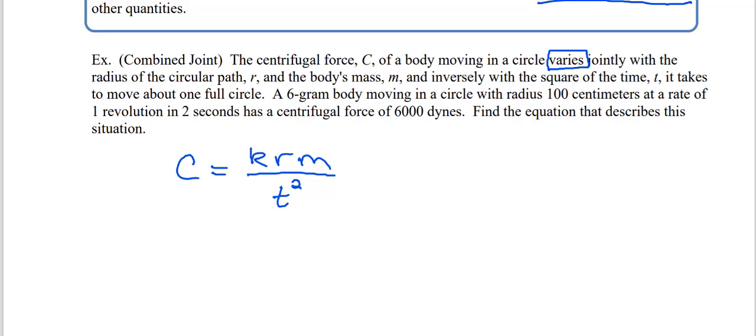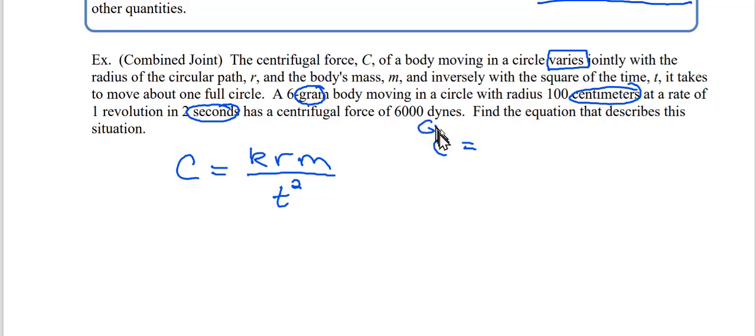So the important thing there is that it does deal with grams, centimeters, and seconds, so you don't have to worry about doing any conversions here, like from centimeters to meters or anything like that. It is all good, so we can just work with these numbers as they are. This is not something that I would expect you to know in this class.